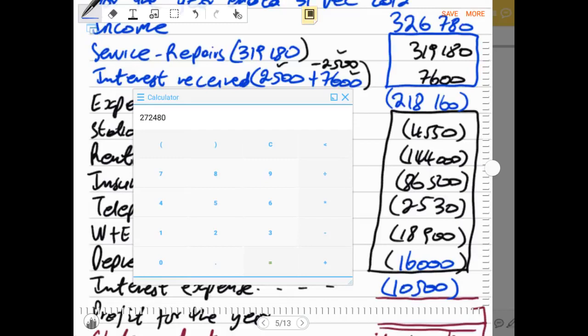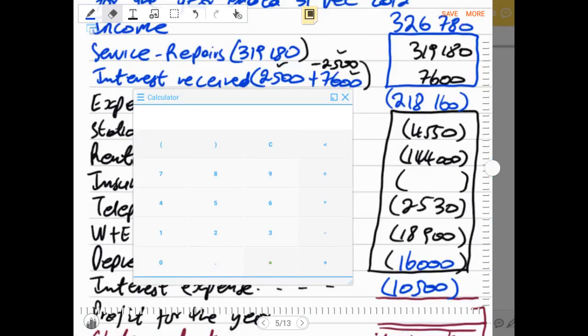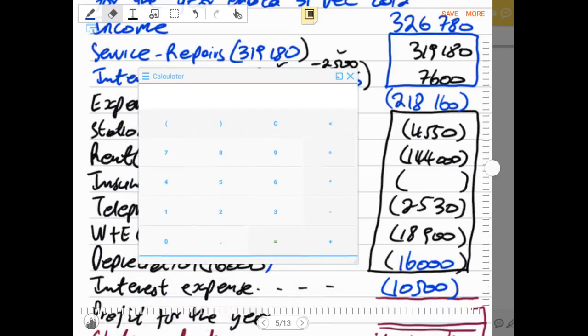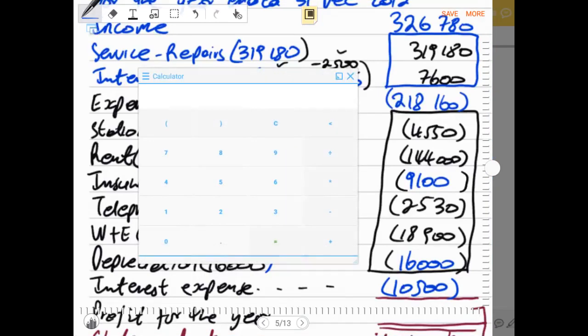Okay, let us just recalculate this. Our insurance is how much? Oh, sorry, our insurance is incorrect. Our insurance is 8,600 plus 500 plus 500 is 9,100. Sorry for that. I just perceived it incorrectly.